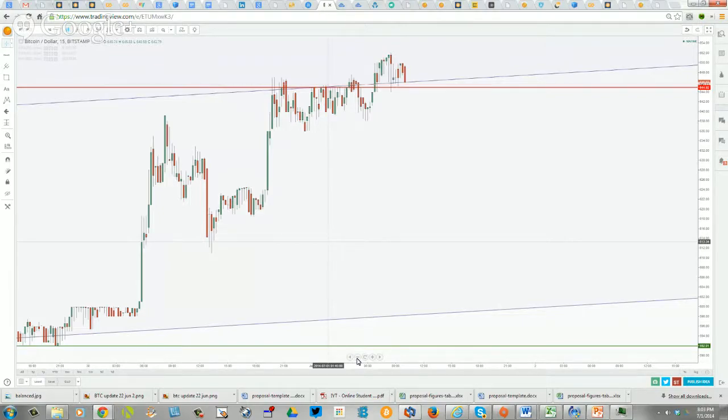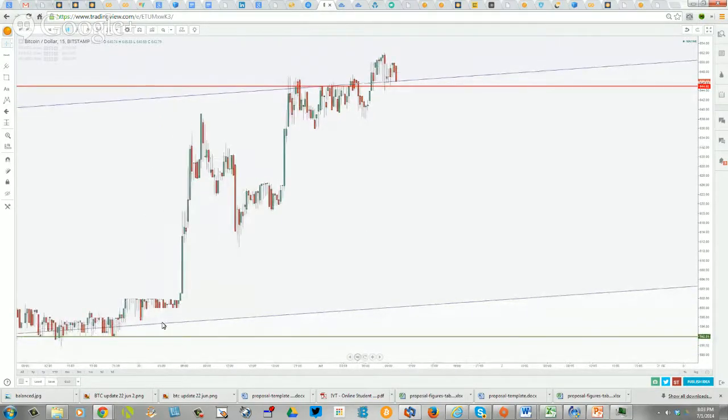Okay. So the sense in trading this way over momentum trading is it's treating the market as a market should be treated.